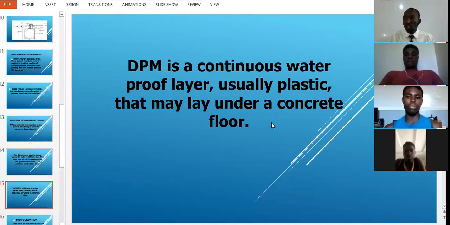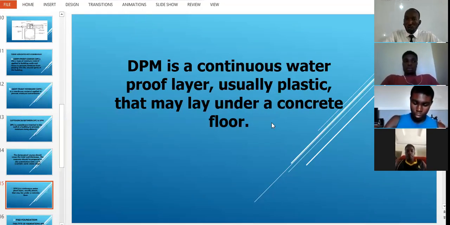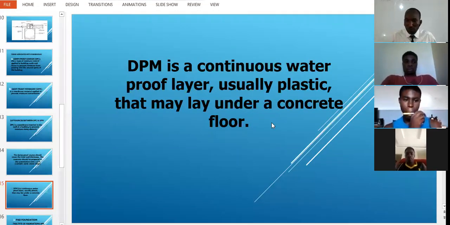You go to some houses, you notice that the ground is looking wet. It's not as if they pour water on the ground, but it's as a result of moisture penetrating the concrete floor. So you put this waterproof leather to cover the entire floor before you do the concrete.